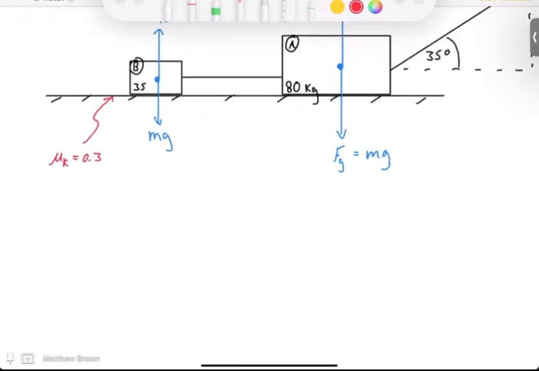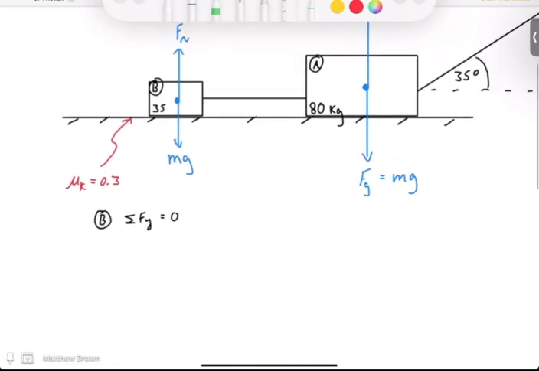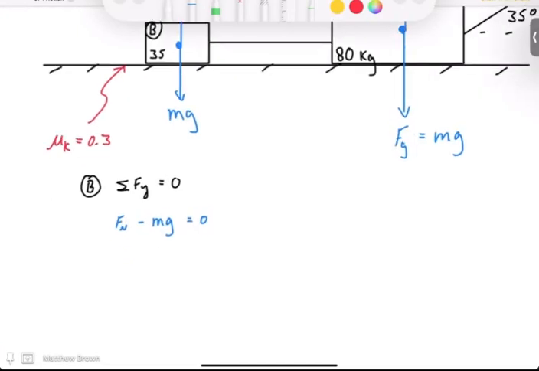So if I look at just block B and we sum the forces in the y direction, which equals 0, then with up as positive, I've got Fn minus mg, which equals 0. So for this particular box, the normal force is just equal to 35 times 9.8, which equals 343.